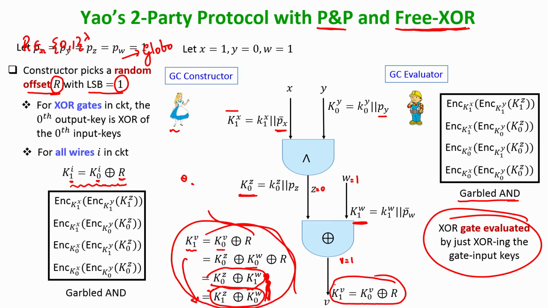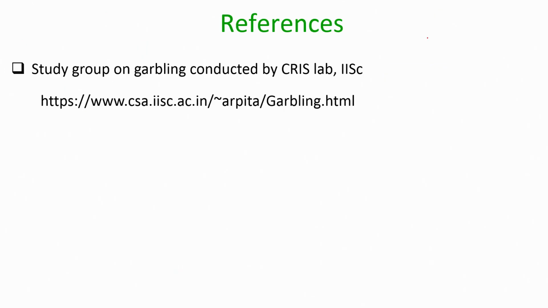And that is why in this free-XOR method the constructor does not have to prepare any ciphertext for garbling these XOR gates, and for evaluating an XOR gate the evaluator just has to XOR the keys that it has over the input wires of the XOR gate. That will magically produce the right output wire key for that XOR gate. Okay, so that is the free-XOR technique.